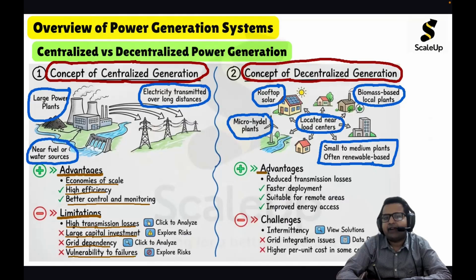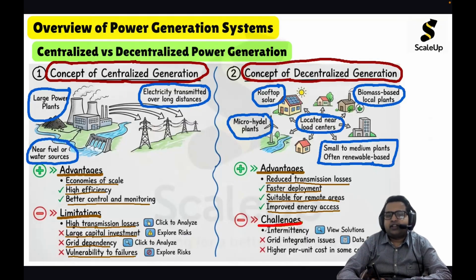If I talk about the advantages of decentralized power generation, we have reduced transmission losses, because since it is located near the load centers, there is no need for electricity transmission over long distances. So by default, there will be reduced transmission losses, faster deployment, suitability for remote areas, improved energy access. If I talk about challenges, decentralized power generation is not continuous.